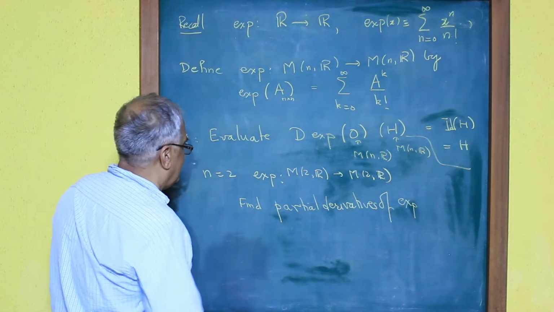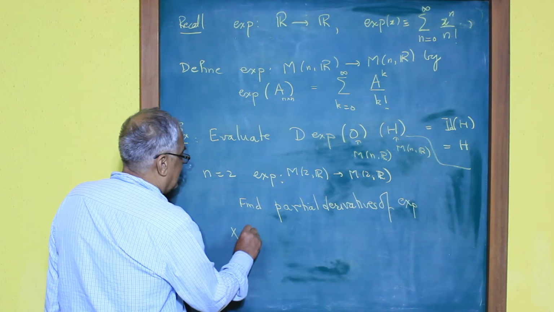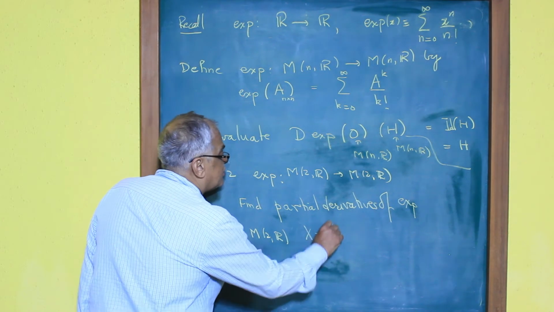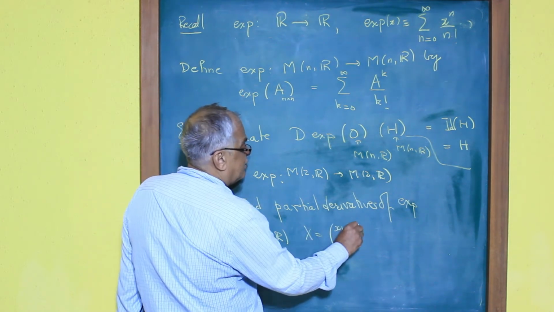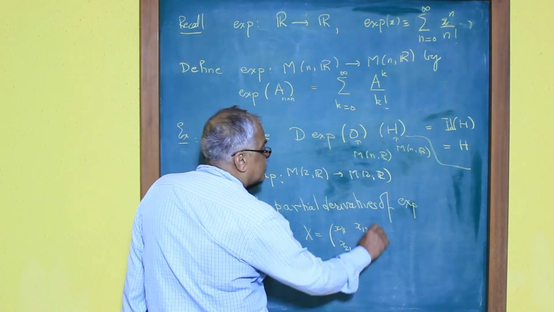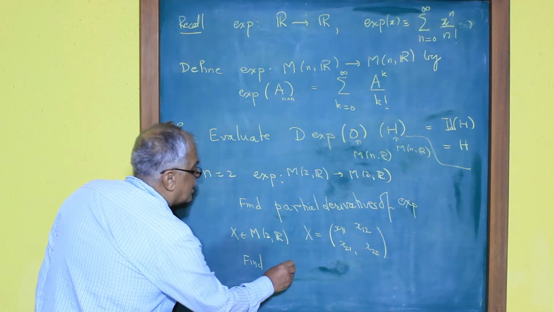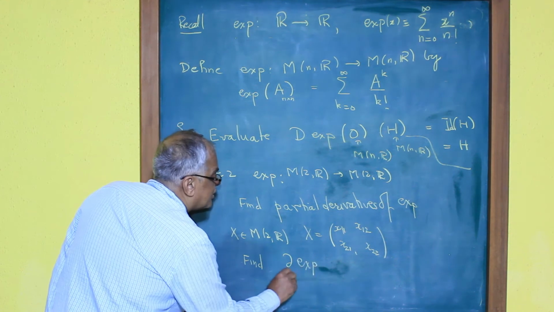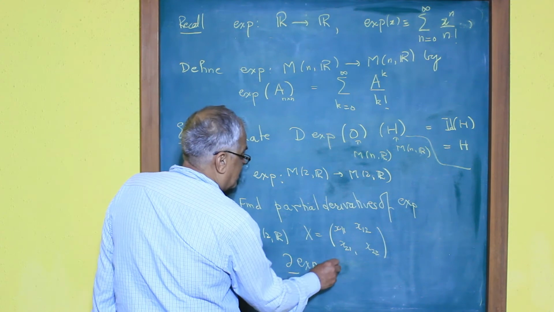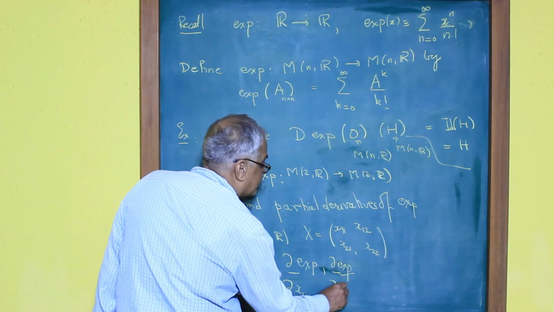In other words, if the element x in M_2(R) is x equal to x11, x12, x21, x22, find d exp by dx11, d exp by dx12.